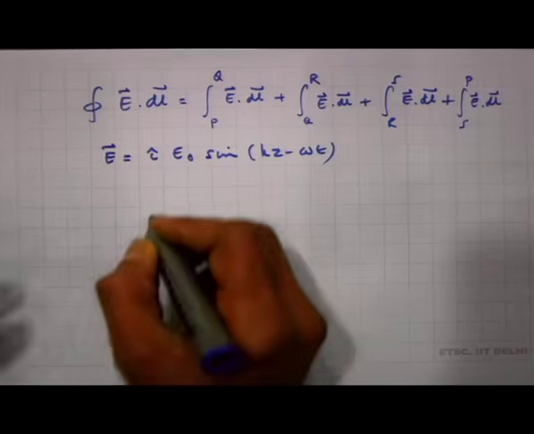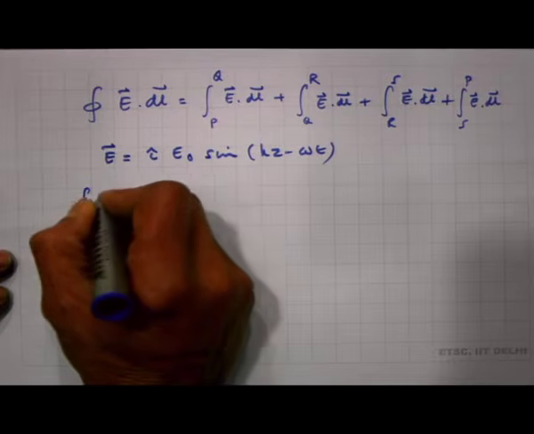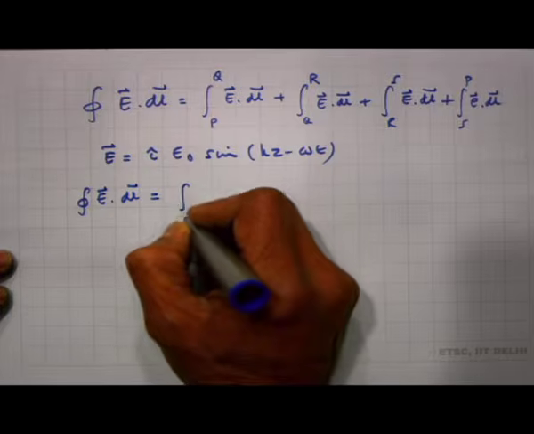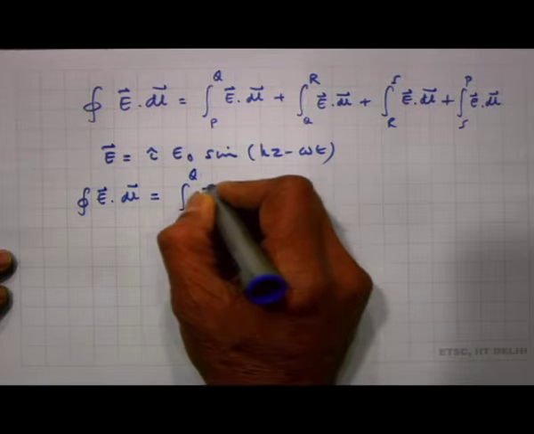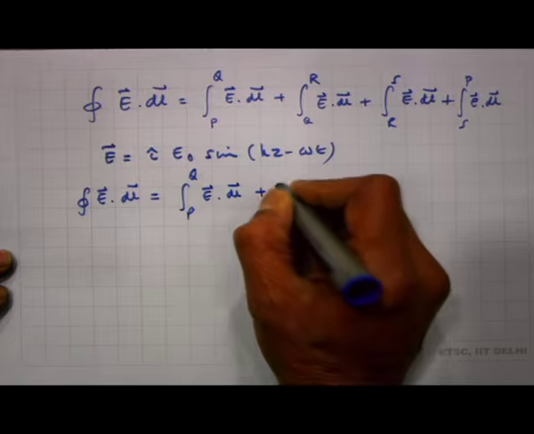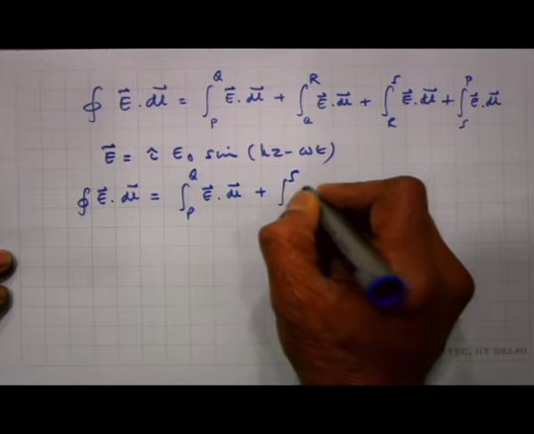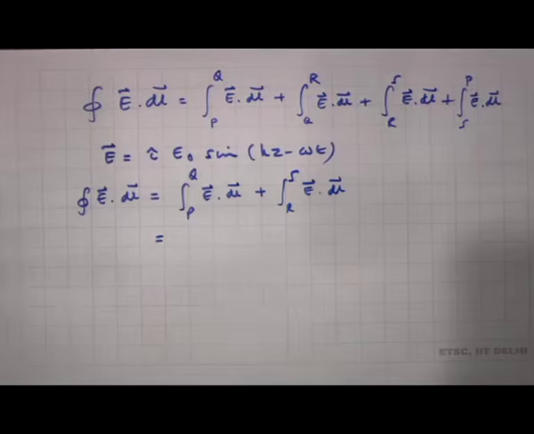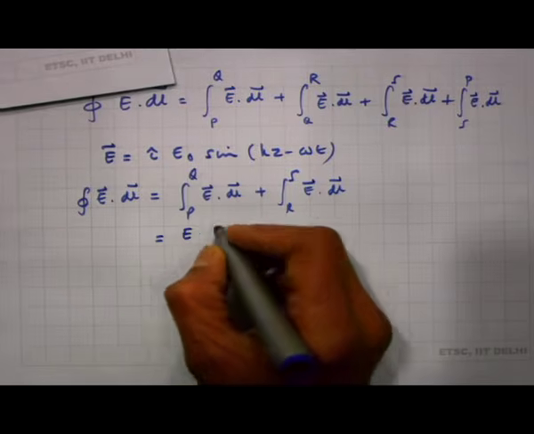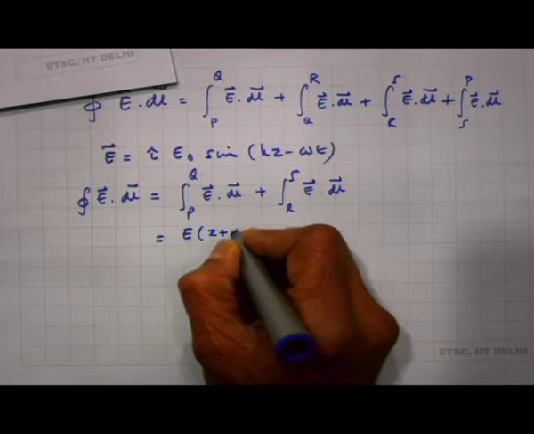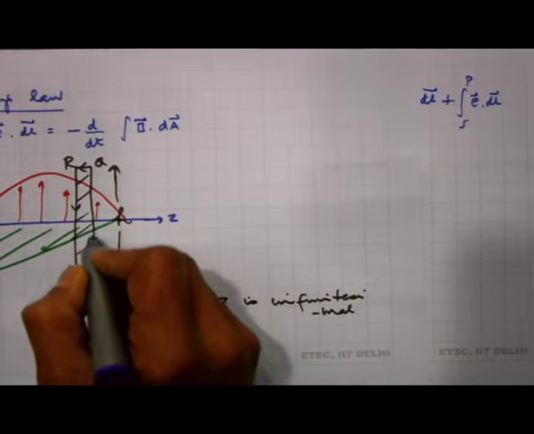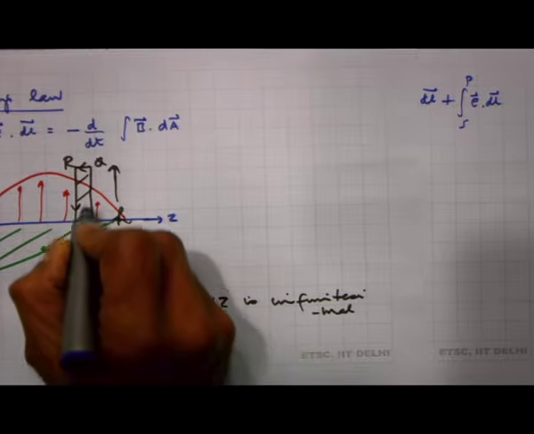So, integral E dot dl will be equal to, essentially you will have two components, P to Q E dot dl plus R to S E dot dl. The remaining two integrals have become 0, and so P to Q E dot dl is nothing but the electric field at z plus delta z into the total length, because the electric field is constant along this length and dl is parallel to the electric field.